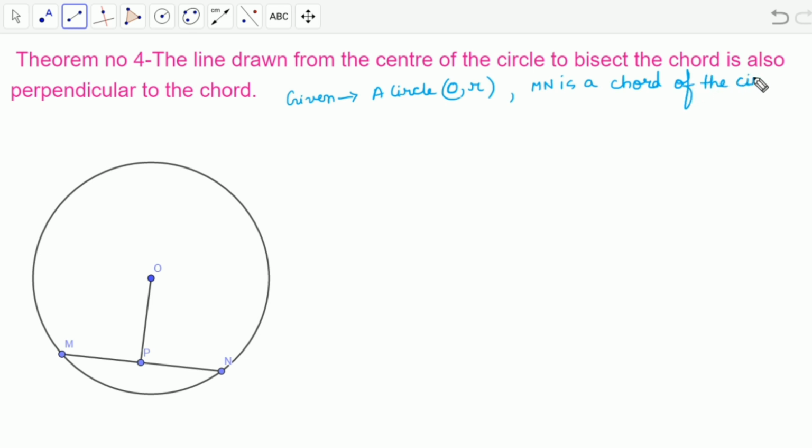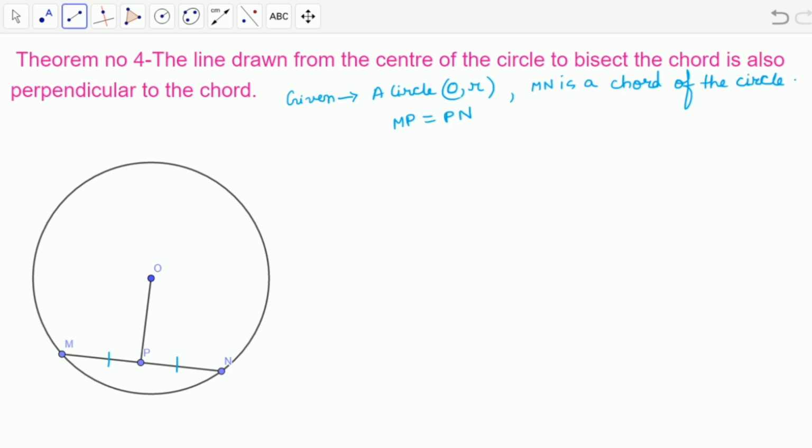MN is a chord, and also it is given MP is equal to PN. MP is equal to PN. It is given in the question. The line that we have drawn, OP, bisects the chord, so it is given, right?